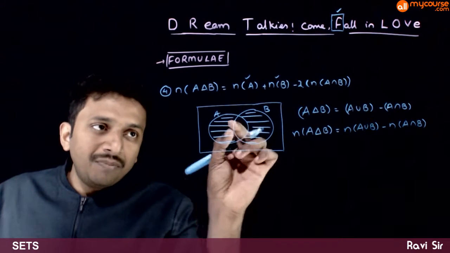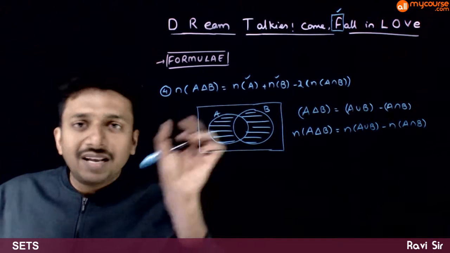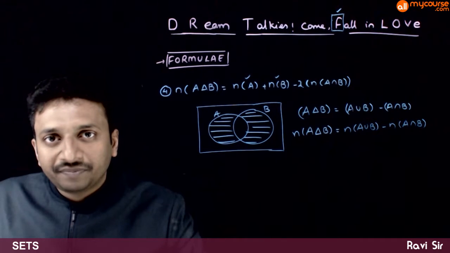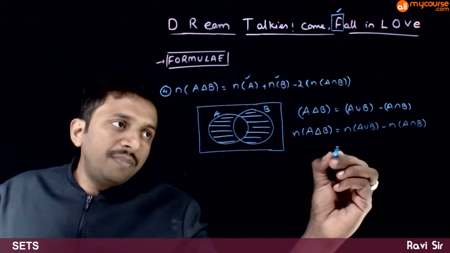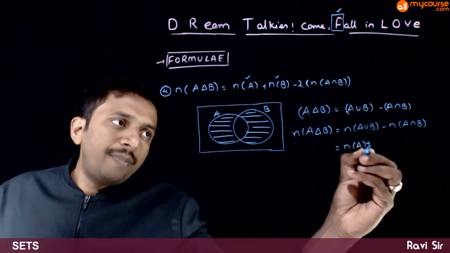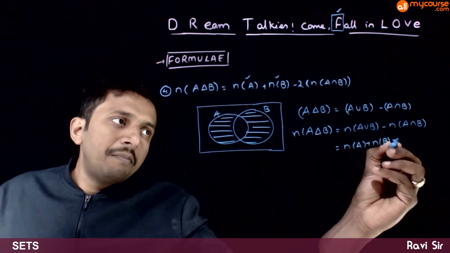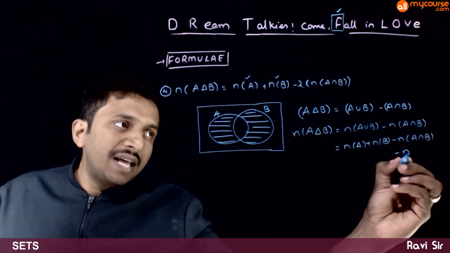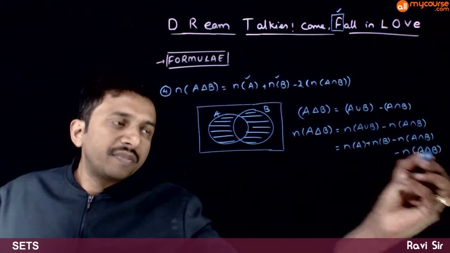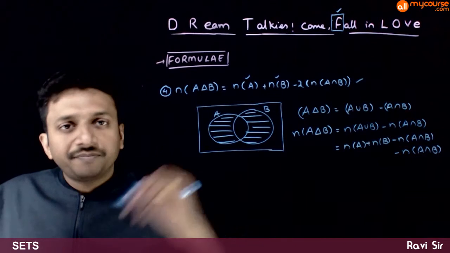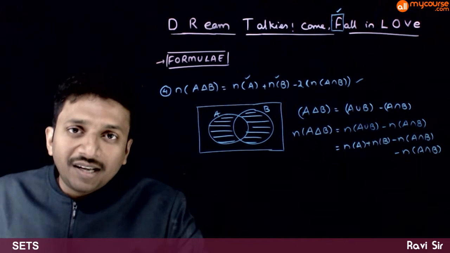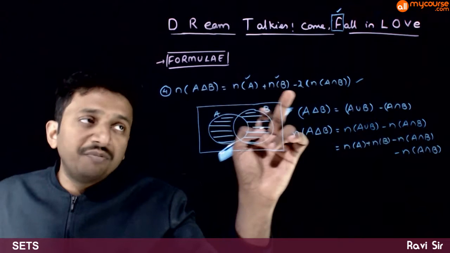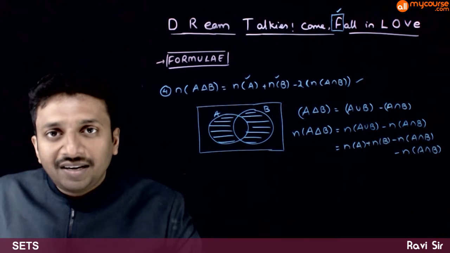So from A union B, if you subtract A intersection B, you exactly get the region A delta B. And n of A union B is n of A plus n of B minus n of A intersection B, minus n of A intersection B. So that gives you this formula. So n of A delta B is n of A plus n of B minus 2 times n of A intersection B.